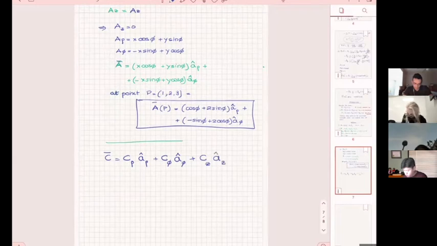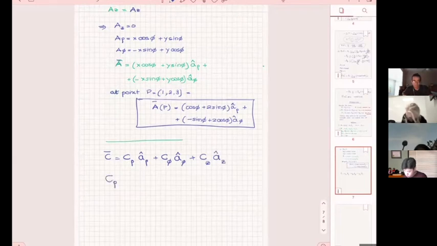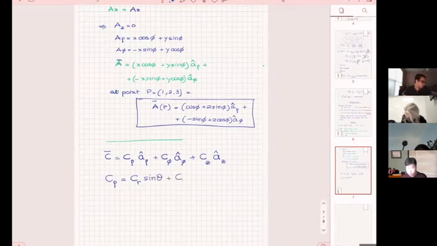Okay, now C sub rho will be C sub r from the spherical sine theta plus C theta cosine theta.